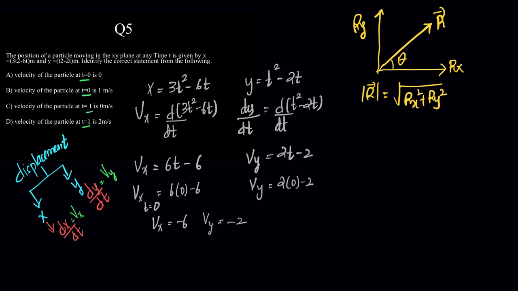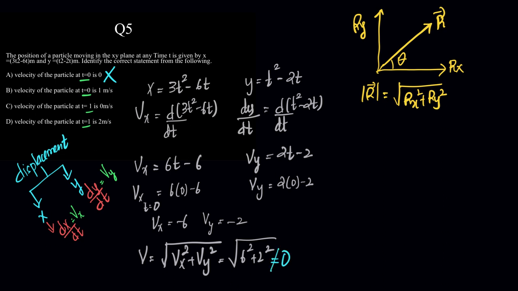Applying this equation, velocity will be equal to root of Vx square plus Vy square, which is basically root of 6 square plus 2 square. At t is equal to 0, the velocity is definitely not 0, right? So this is not equal to 0.